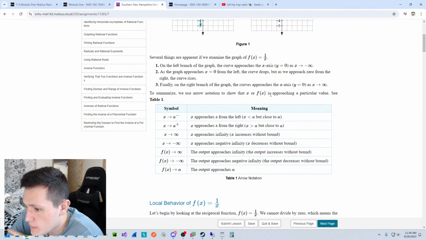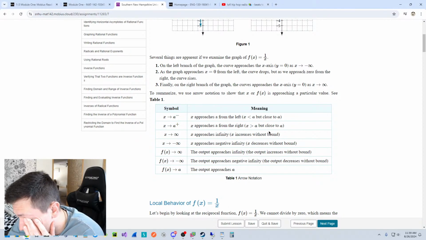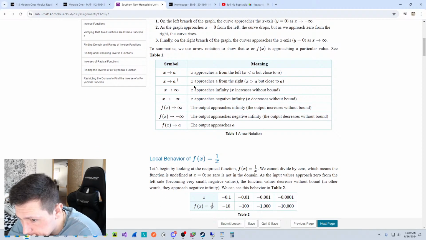So if x is approaching from the left, it's going to be less than. If it's approaching from the right, it's going to be greater than. That makes sense. So left is negative.